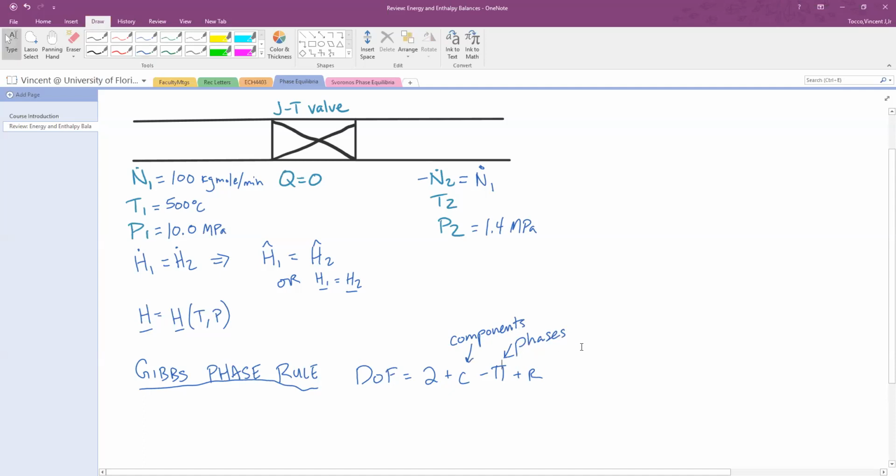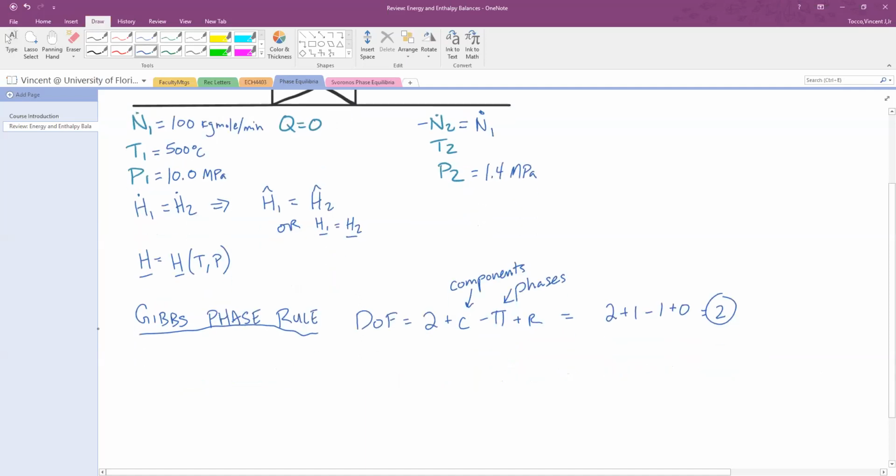In most phase equilibria problems, you'll have more than 1 phase at least. But here we have 1 component, 1 phase, since it's a gas that's flowing through here. There is no chemical reaction. So my Gibbs phase rule in this case simplifies to 2 plus 1 minus 1 plus 0, which is equal to 2.